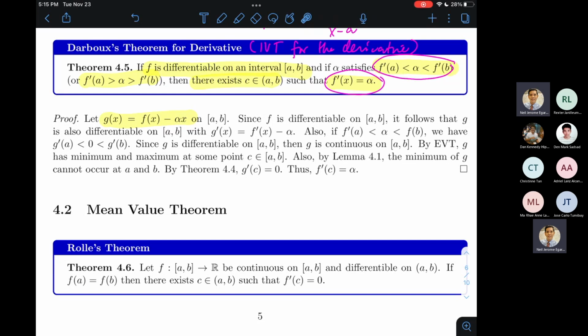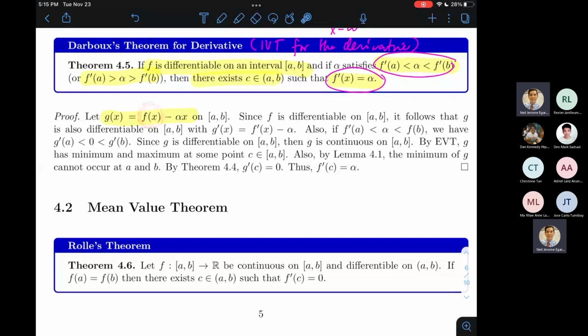Since f is differentiable, alpha x is also differentiable because it's a polynomial. Okay. Now, the difference of two differentiable functions is again differentiable. So we say that g is differentiable on the closed interval AB.